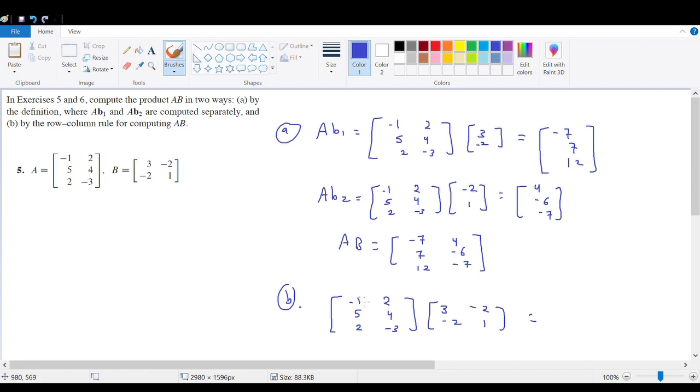So then we take the first row by the first column, then the first row by the second column, then we do the same for the second row and the third row, and the result should be the same, which is minus 7, 7, 12, then 4, minus 6, minus 7.